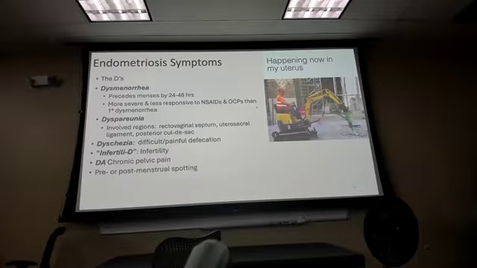So dyspareunia, depending on where the lesions are located, will also depend on the signs and symptoms that they have. So we have dysmenorrhea, we have dyspareunia, we have dyschezia, like we already talked about. We have infertility, okay, for another D, and then chronic pelvic pain. So those are our Ds.